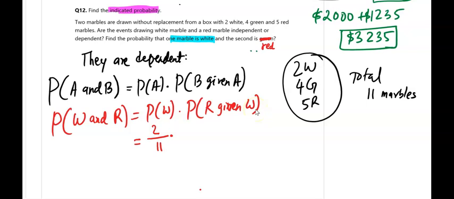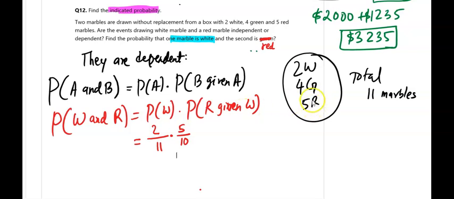How many red here? Yeah, 4 red. Sorry, 5 red. Okay. Yeah, 5 red. But now since you did not replace the marble, now the number of marbles is going to be 10. So you're going to get 5 over 10 for the probability of red given white. The given white means the first marble drawn is white. So then you have only 10 marbles left here.